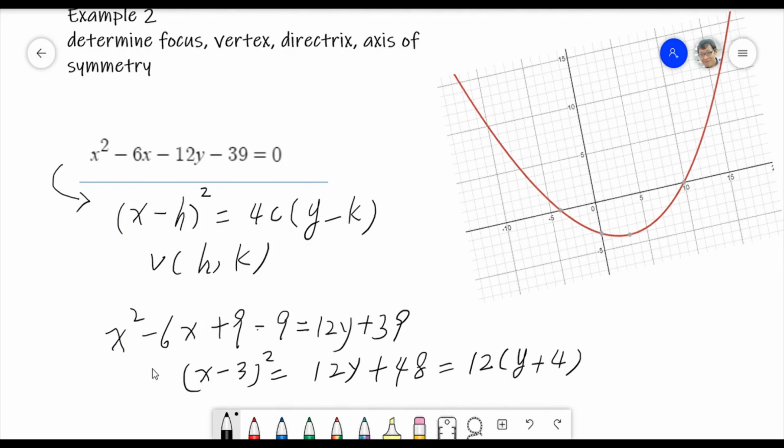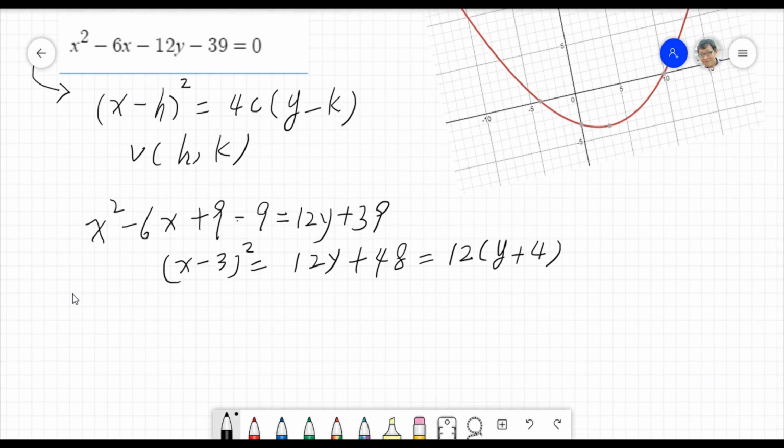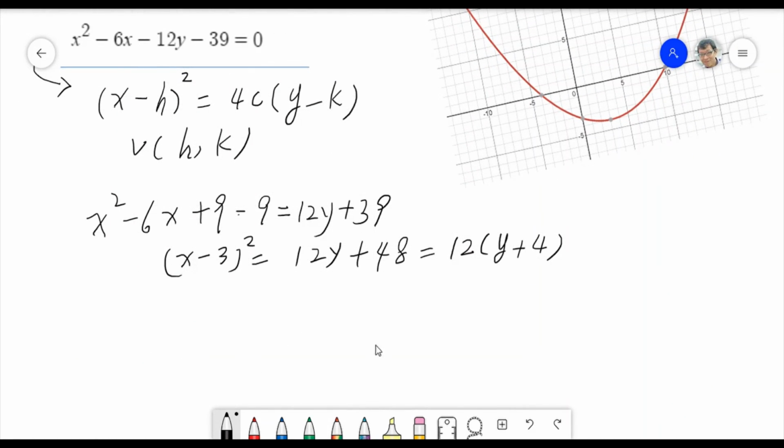Standard equation of a parabola. From here we can easily know the vertex. The vertex x is 3, so what is y? The vertex y is negative 4.